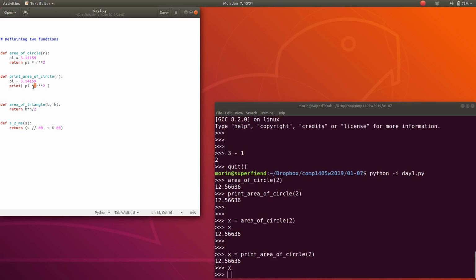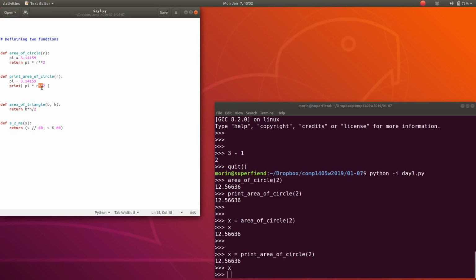In fact, a little more precisely, it returns something called None. So when we say x is assigned the value that comes out of here, x is assigned None, nothing. That's the difference between print and return. Print just puts it there on the screen, and that's it. Return actually returns it. It means you can use it to assign something.